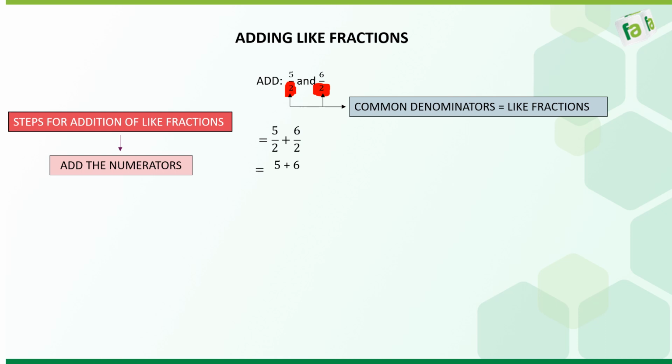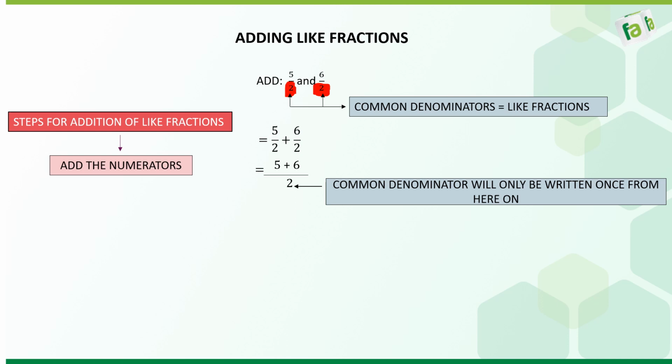So, what is the common denominator here? It is 2. So, over here, we will write 2. Our next step will be to add 5 plus 6. As a result, we will get 11 by 2 as our answer.